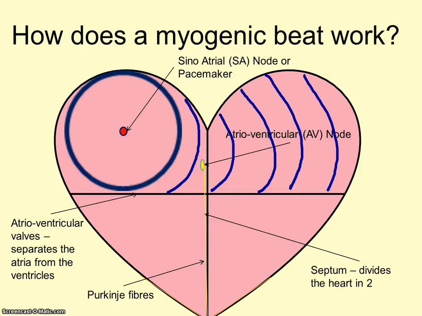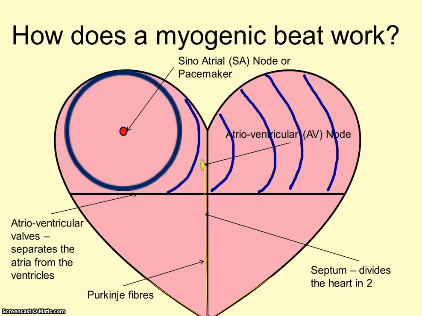In the bottom of the heart, these Purkinje fibers branch out and also feed the bottom of the ventricles. As the signal passes down the Purkinje fibers, it doesn't stimulate any of the muscle that it passes. But when it reaches the branches, it stimulates these muscles to start the contraction.